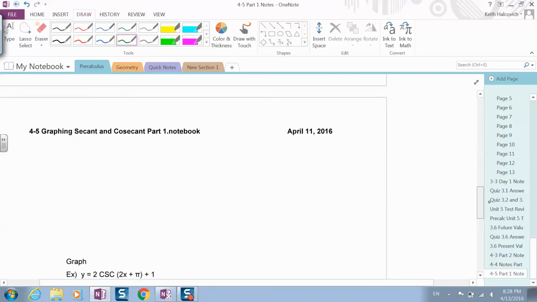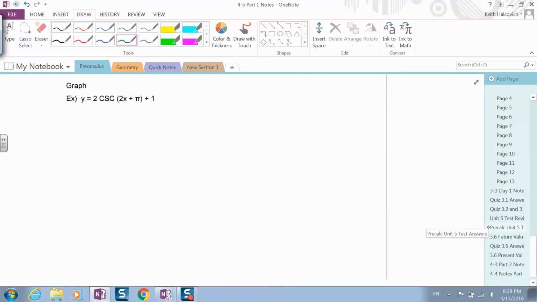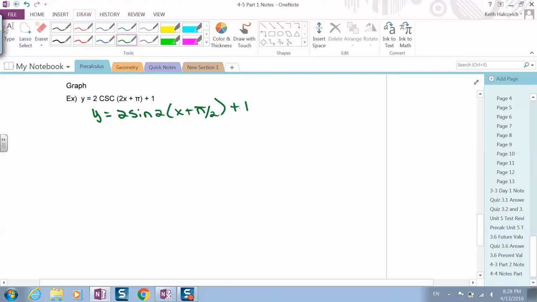Alright, so now the next one we're going to do is a cosecant graph. So we'll graph the sine first. Now notice we're going to have to factor out the 2. So we get x plus pi over 2 plus 1. So now, when you do your transformations, there's a horizontal shrink by 1/2. Then, there is no reflection.